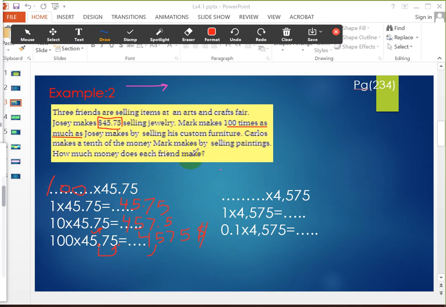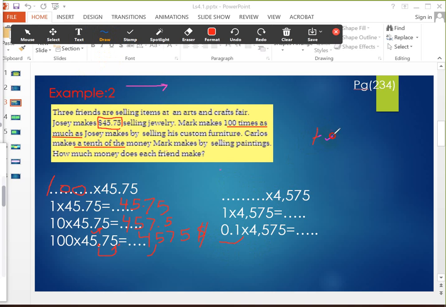Now, what about Carlos? Carlos makes a tenth. What does that mean? Tenth. That means you have to multiply the amount of money by a tenth. That means 0.1. This is the tenth.